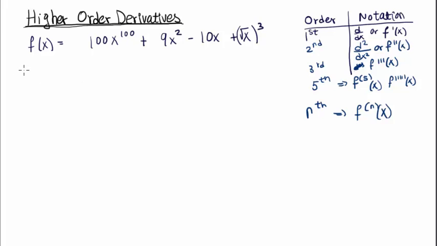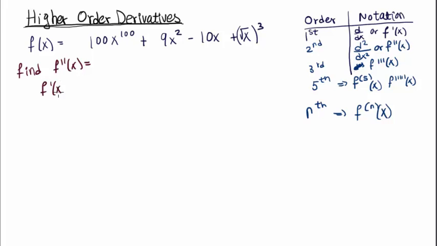So let's say I want to figure out the second derivative of this function. So find f prime prime of x. The first thing that I need to do is figure out what f prime of x is, because the second derivative is the derivative of the derivative.